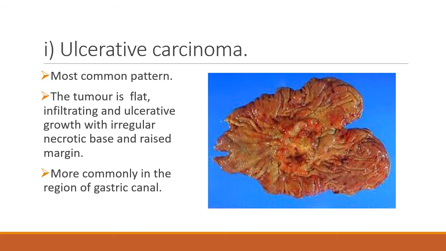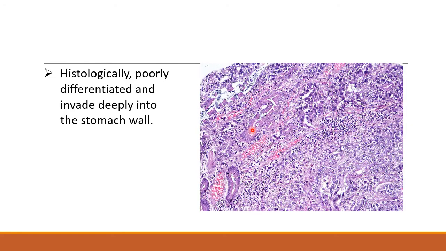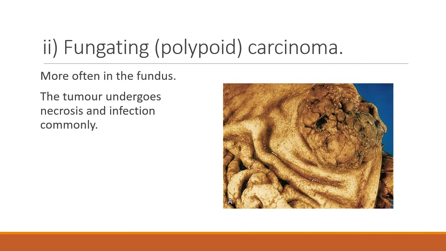So the first type is the ulcerative carcinoma, and that is the most common pattern. Histologically, here you see the poorly differentiated types. These are poorly differentiated cells of glandular epithelium, but at some points you can see glandular differentiation, and they invade deeply into the stomach wall. So ulcerative carcinomas are poorly differentiated.